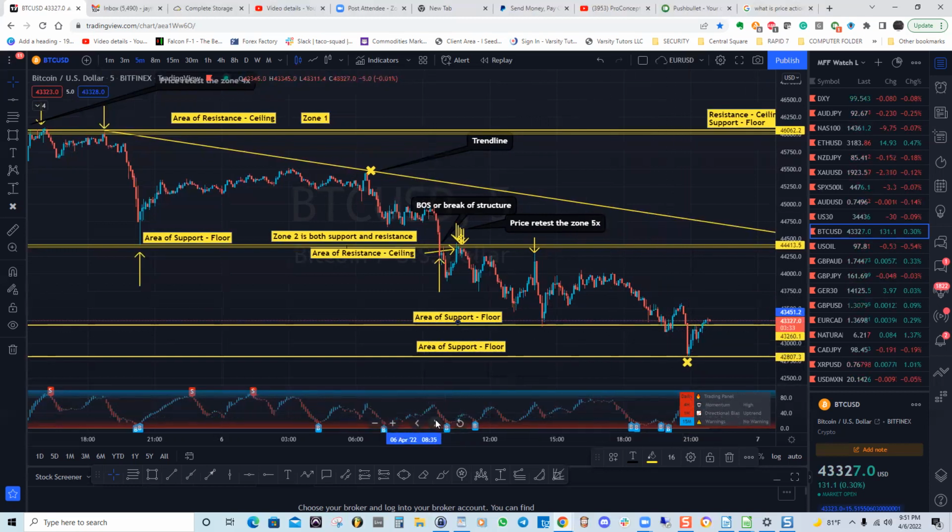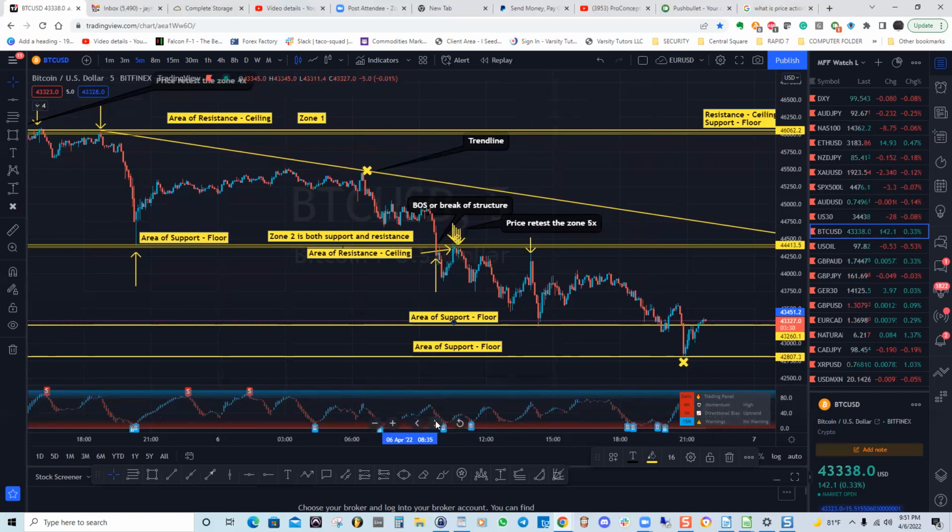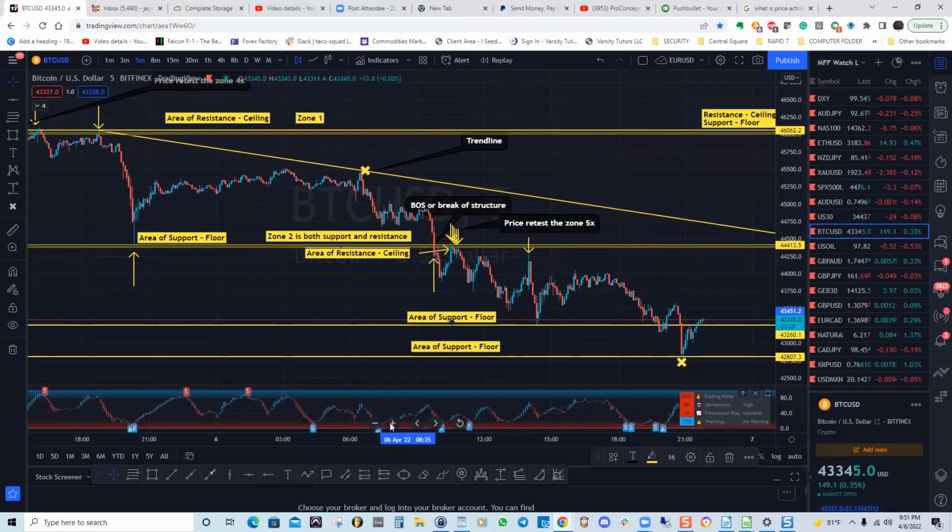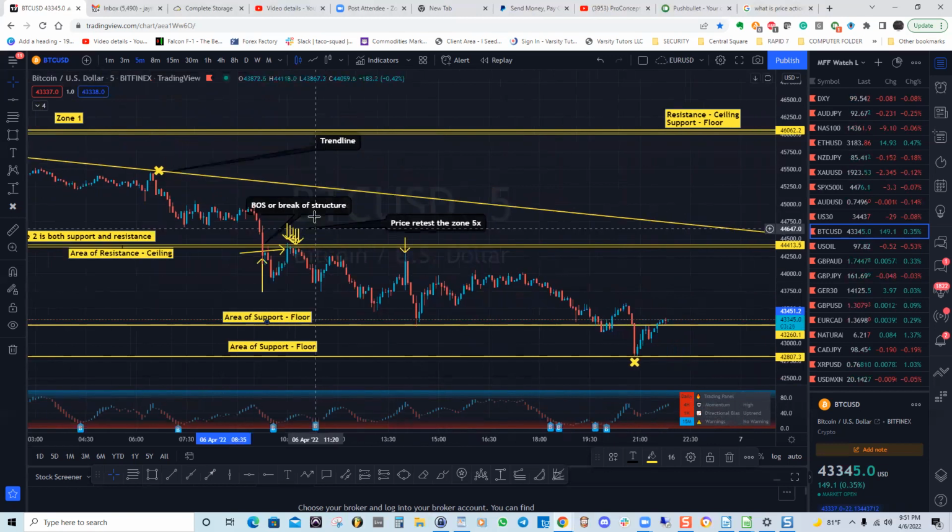So now we got another break of structure right here. You see that this is a break of structure right here, right? This candle is a break of structure because what happened? Right in here, it broke this level here, right? So this is area of support right here.